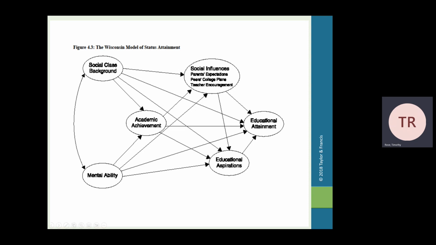So let's take a look at this idea of social class background here. This model says that your social class background will have a direct effect on your academic achievement. That is to say, there's a statistical relationship between the average person's social class background and the achievement that they have. It's likely that the higher your social class background, the greater your academic achievement, right?